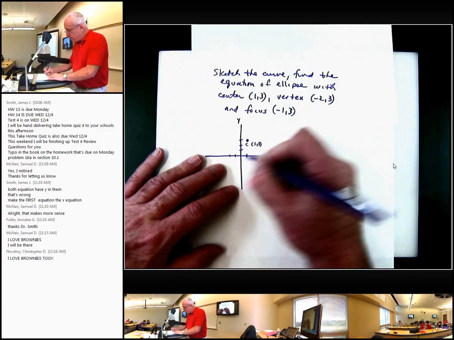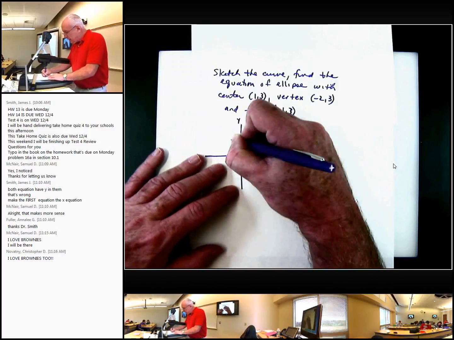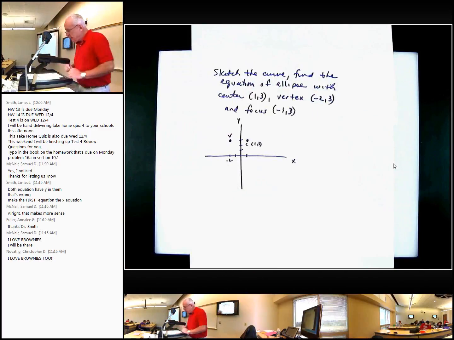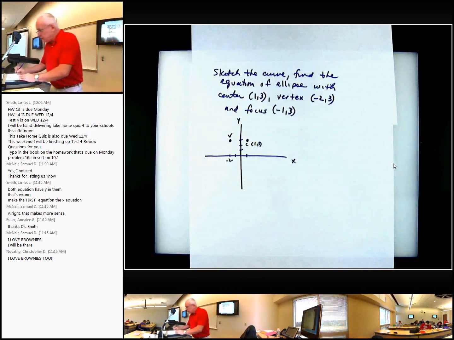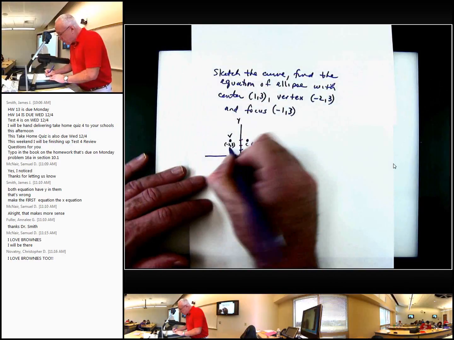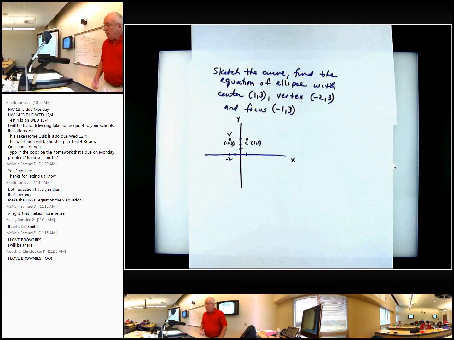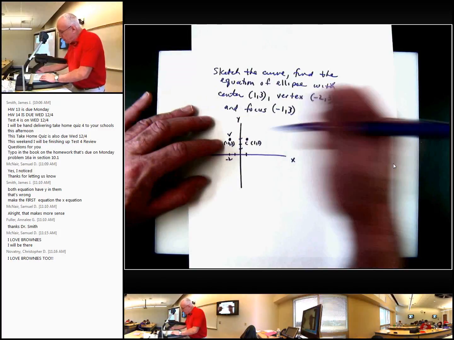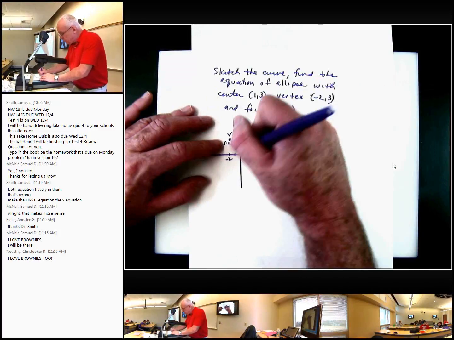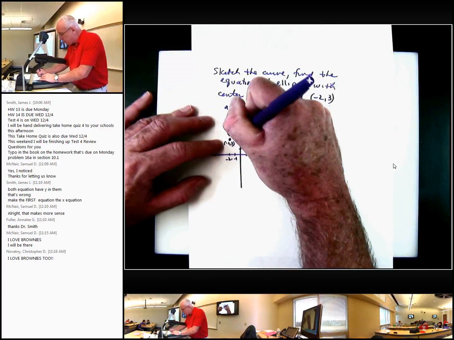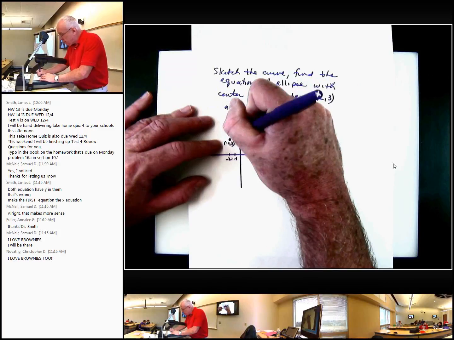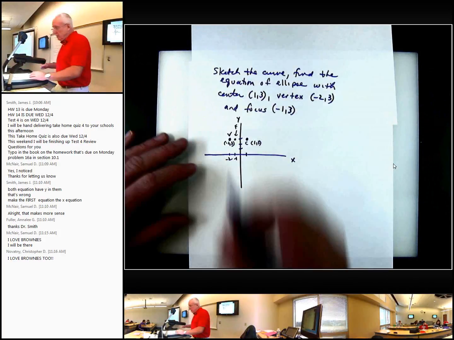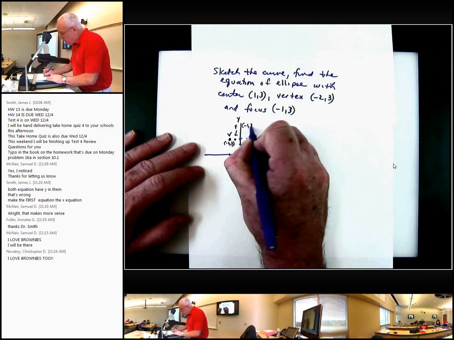So let's go -2, and then again, we're up 3. Let me mark that as a V for a vertex. And that's (-2, 3). And then we're also given the focus, which is (-1, 3). So right there is one of the foci, and that is (-1, 3).